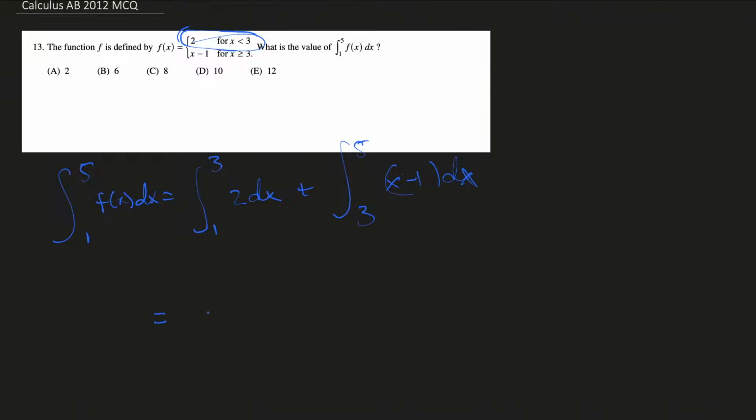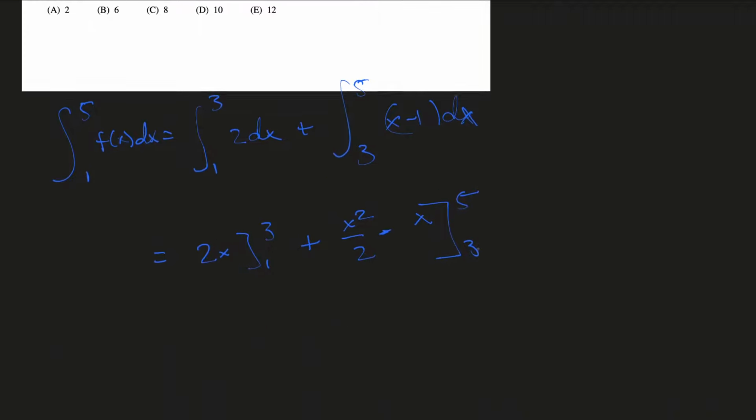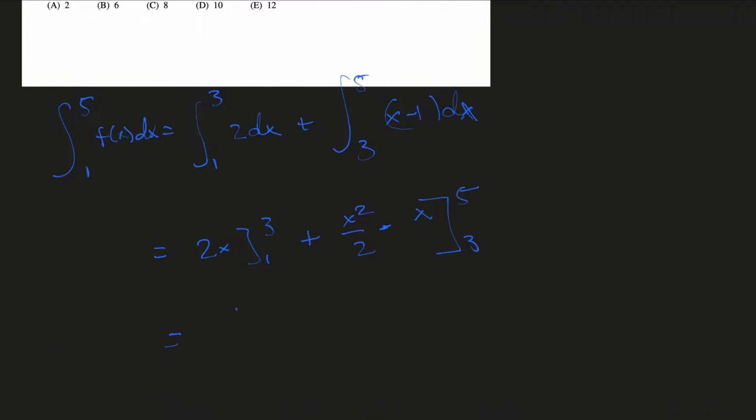So the first part is going to be equal to 2x, because that's the integral of 2, from 1 to 3, plus the integral of the second part, which is x squared over 2 minus x, and this is from 3 to 5. So this first part is going to be 3 times 2 is 6, 6 minus 2. I'm just plugging in 3, so 2 times 3 is 6, and then 2 times 1 is just 2.